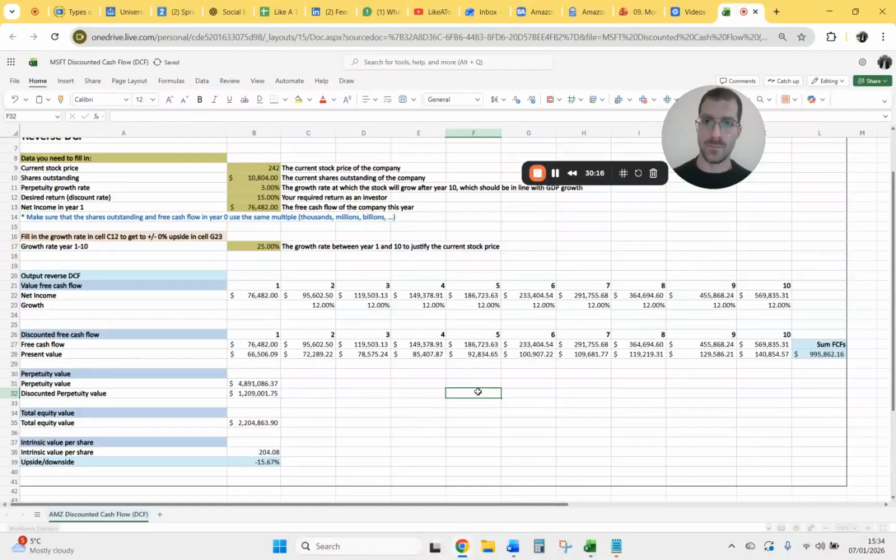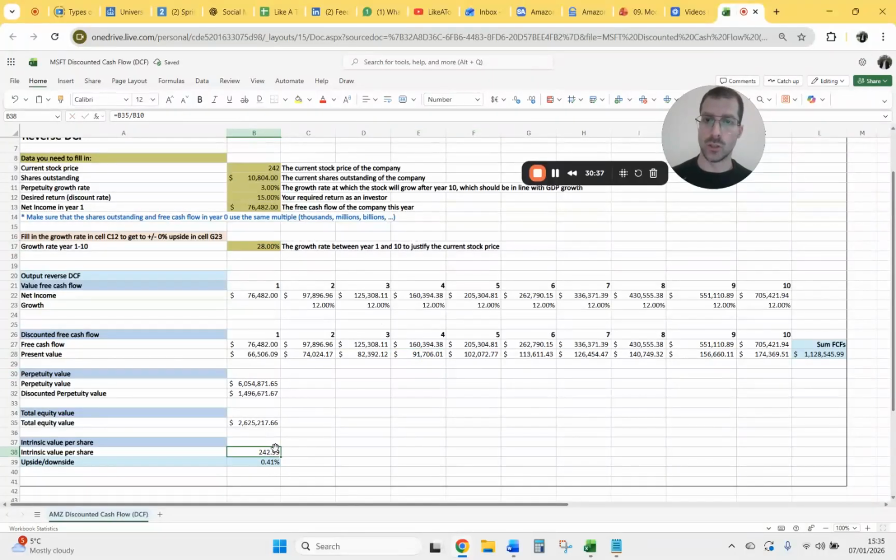Look at that. Now we are at 204, but the price is 244, so we have to continue to adjust that. Let's change it to 30. Look, we are already overshooting it, 272. So let's change this to 27. No, let's adjust it a bit further to 28.